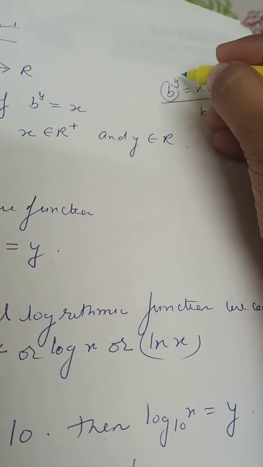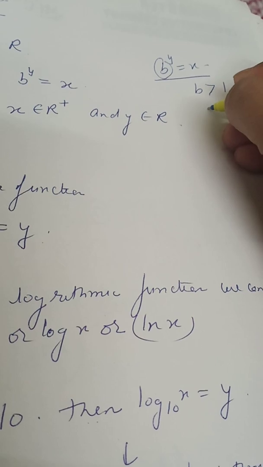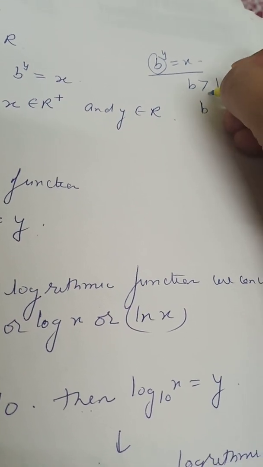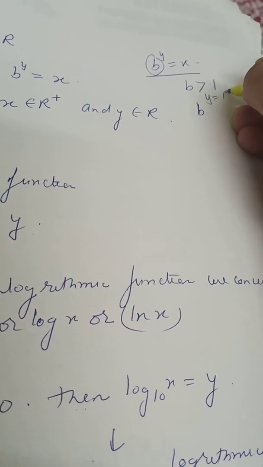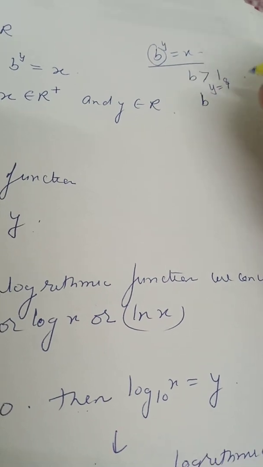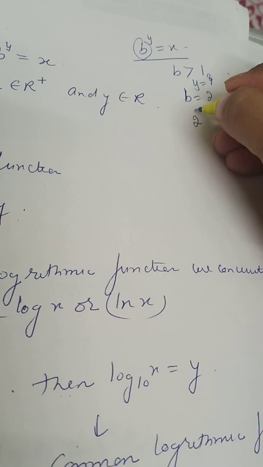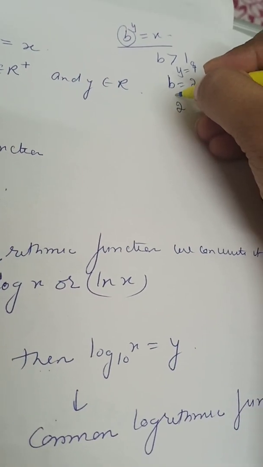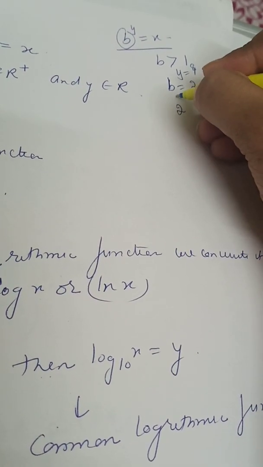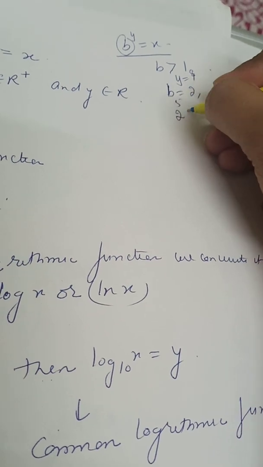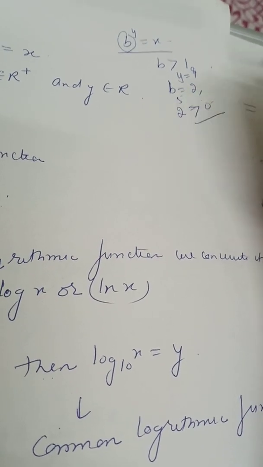And suppose we take b equal to 2, to the power of any positive number. If y is any positive number, suppose 5, it will be greater than 0.